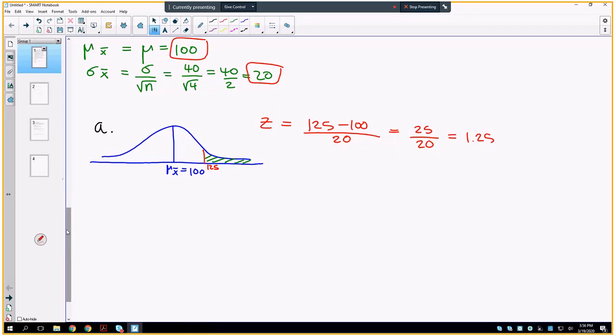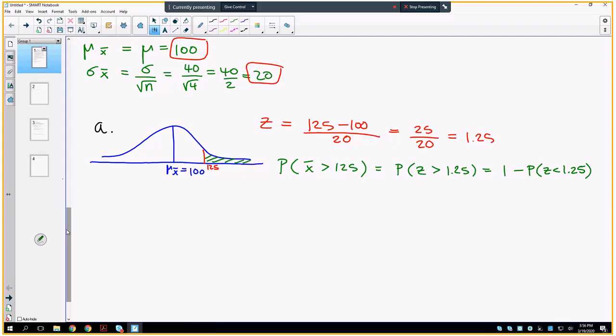So the question is, the probability that x bar is greater than 125, and we translated that into the probability that z is greater than 1.25, and we know that that is equal to 1 minus the probability that z is less than 1.25, right? Okay, so now we need to find this probability, and what do we do?